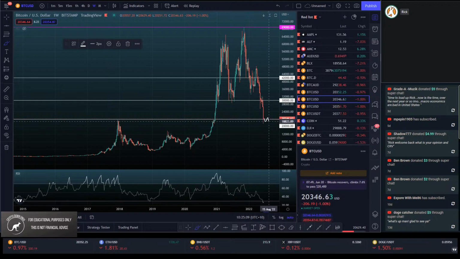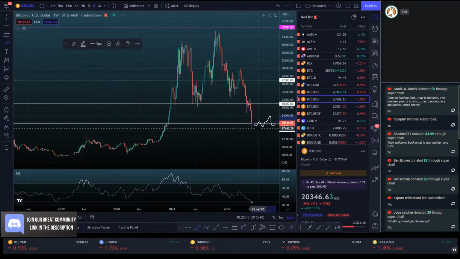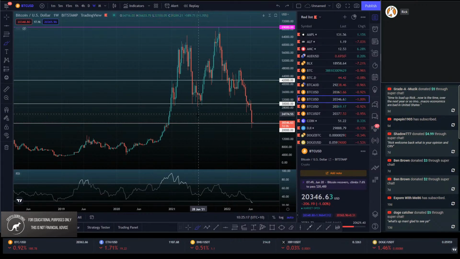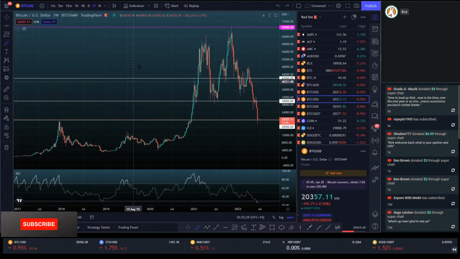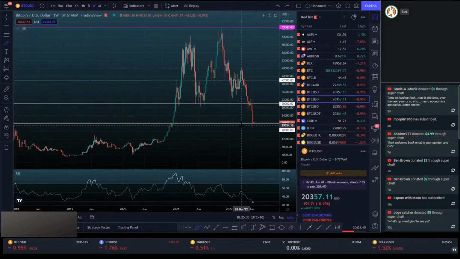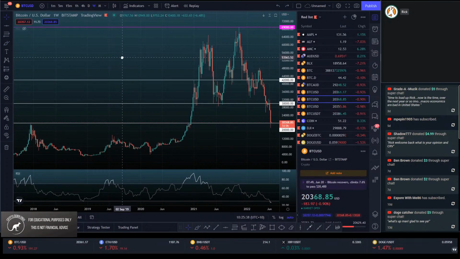There might be dips down below it and through it and back up, but I think we might spend some time around this level. So further accumulation, and that's the beauty of a bear market, like I've said many times before: it takes a long time to flatten out and plateau. So there's plenty of time to accumulate if that's what you want to do. So that's what's happening there.